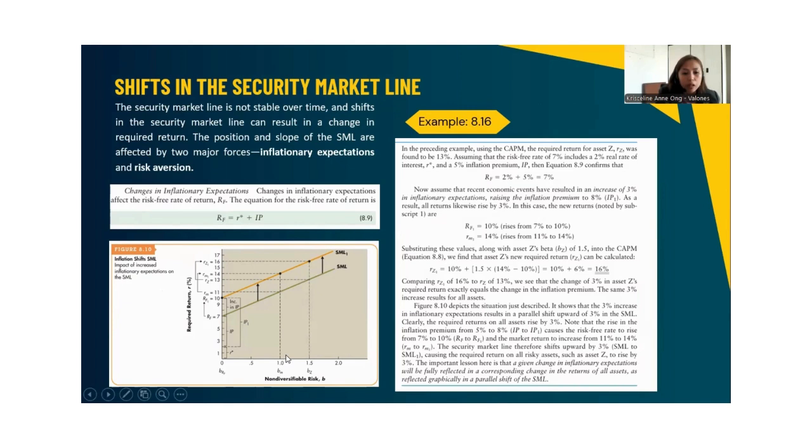If you have a beta of 1, your return will also move upwards. It will be 14%. If you have a beta of 1.5, your required return will be 16%. It will also go up.